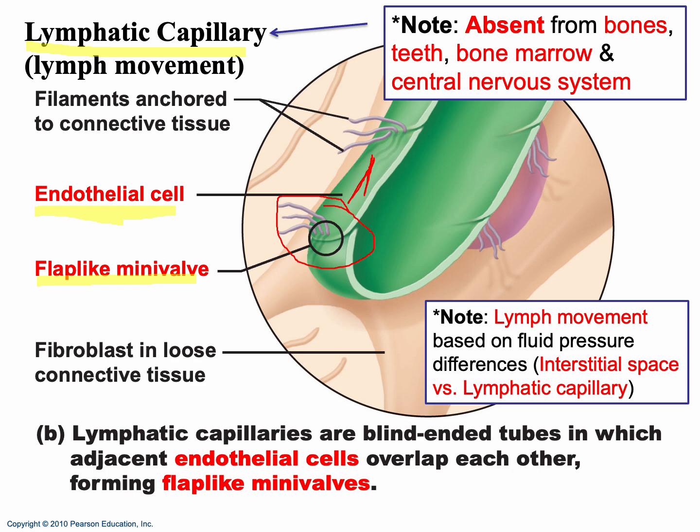We find lymphatic capillaries throughout the body, but there are certain areas where they are going to be absent. So lymphatic capillaries are absent from bones, teeth, bone marrow, and the central nervous system. Of course, referring to the brain and the spinal cord. And lymph movement, again, is solely based off of fluid pressure differences that take place between interstitial space and the actual lymphatic capillary.